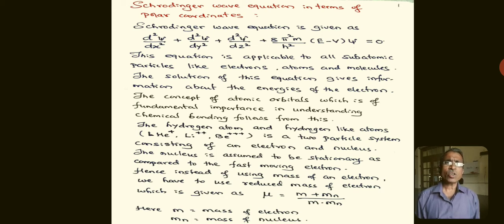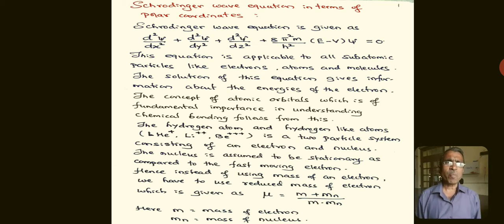We have studied it in the earlier class in terms of Cartesian coordinates. It is given as d square psi upon dx square plus d square psi upon dy square plus d square psi upon dz square plus 8 pi square m upon h square into (E minus V) into psi is equal to 0, where E is the total energy and V is the potential energy.